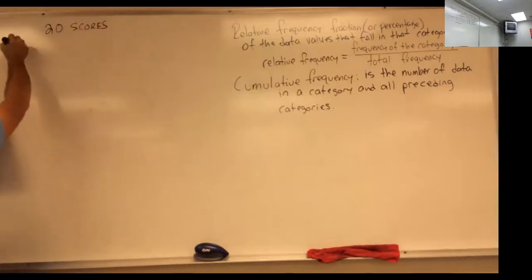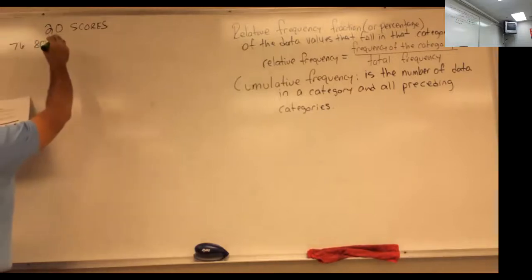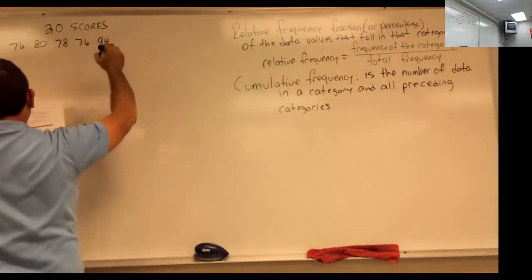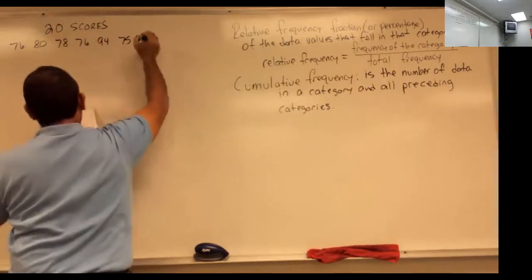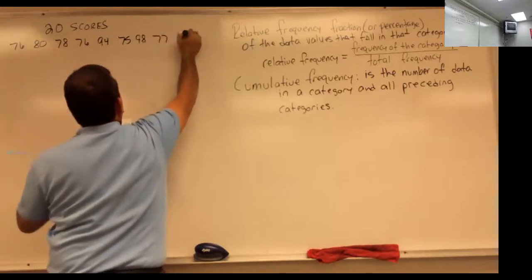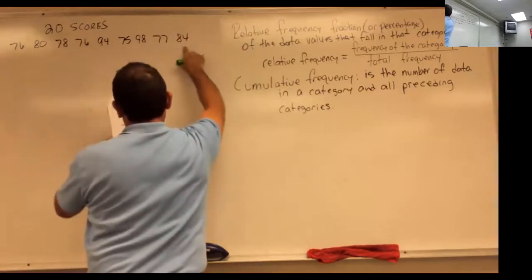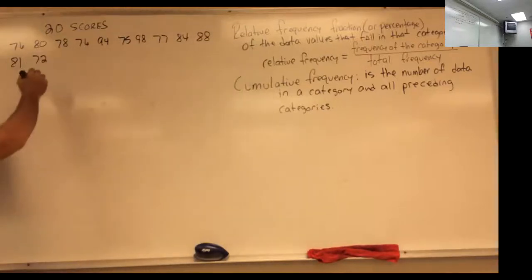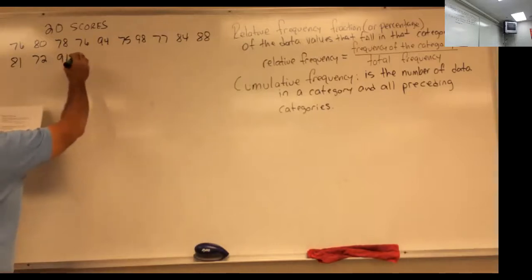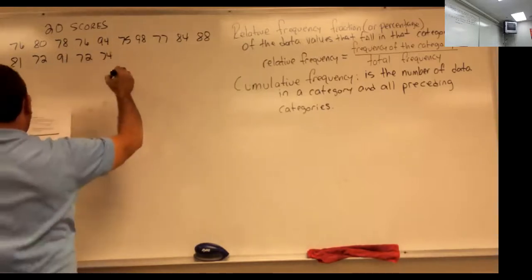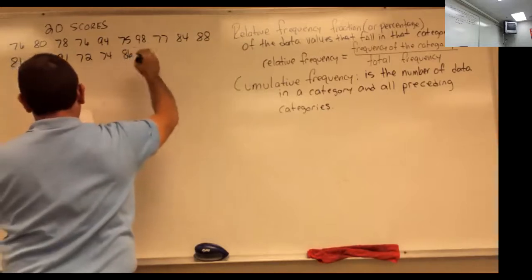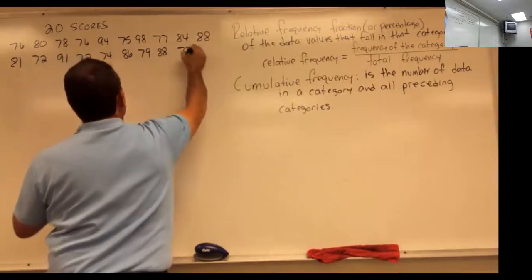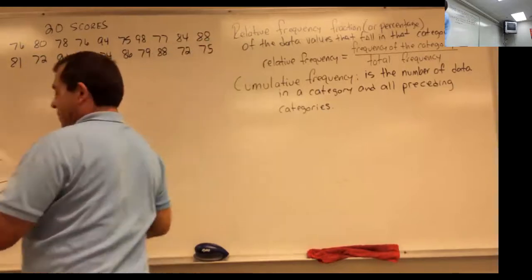My 20 scores are 76, 80, 78, 76, 94, 75, 98, 77, 84, 88, and then my next row, 81, 72, 91, 72, 74, 86, 79, 88, 72, and 75.